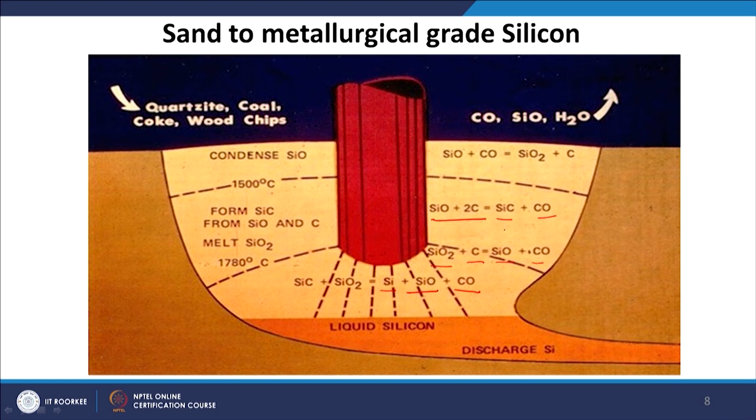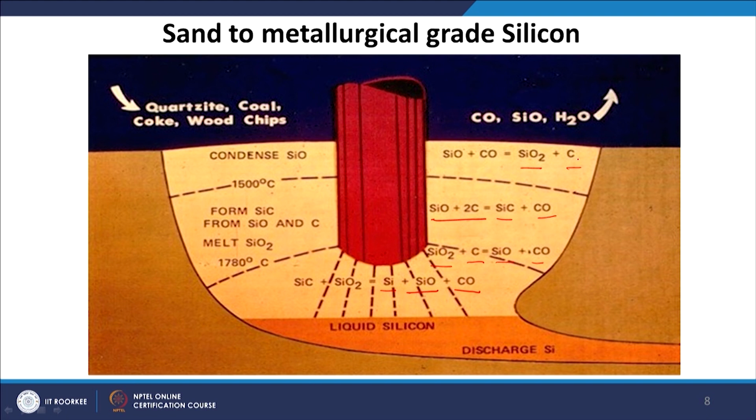So, this reaction goes on, and then the silicon oxide can also react with carbon monoxide, because in this process when carbon burns you get not only carbon monoxide, but also carbon dioxide. So, silicon oxide will react with carbon monoxide to get silicon dioxide and carbon.